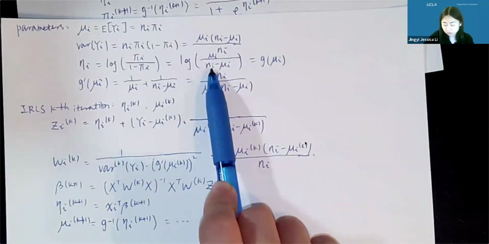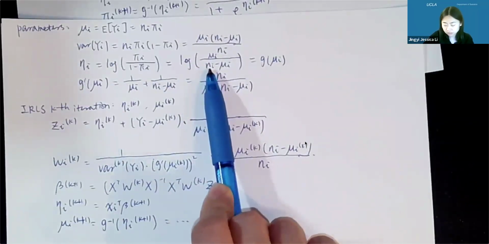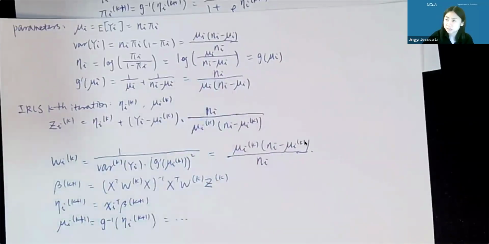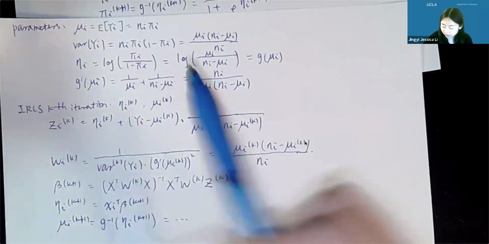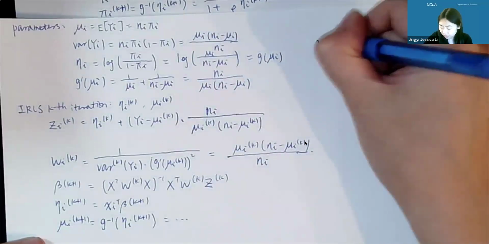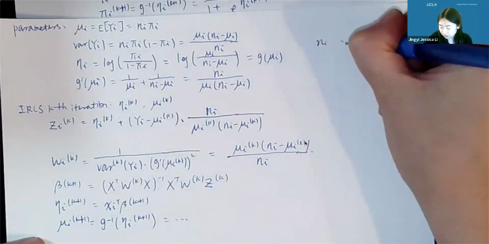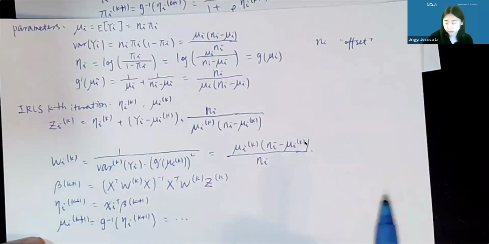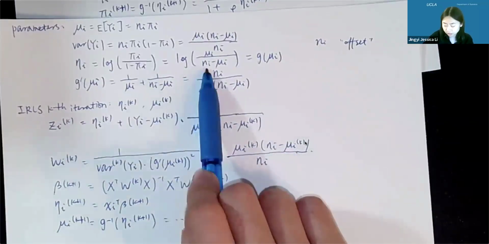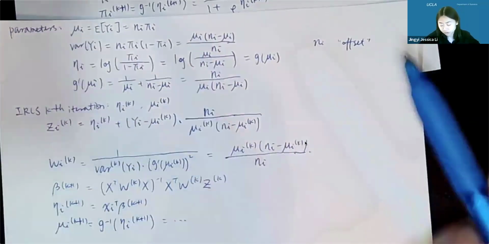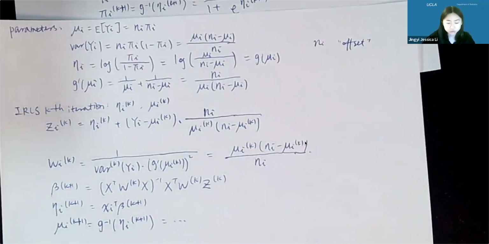People tend to give this n_i a name: the offset. You will see the involvement of n_i as the offset in some literature discussions, because we need to take care of it. It's not one, as in the individual data. That's the logistic regression and the parameter estimation for beta.